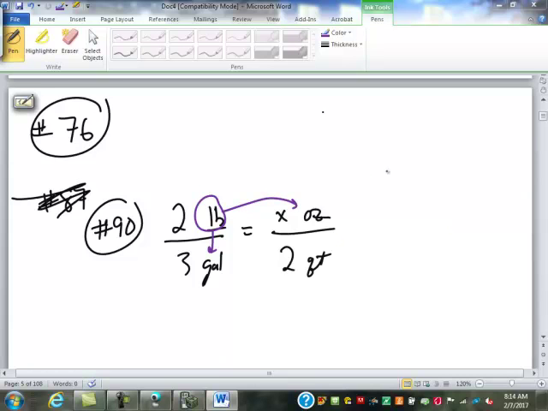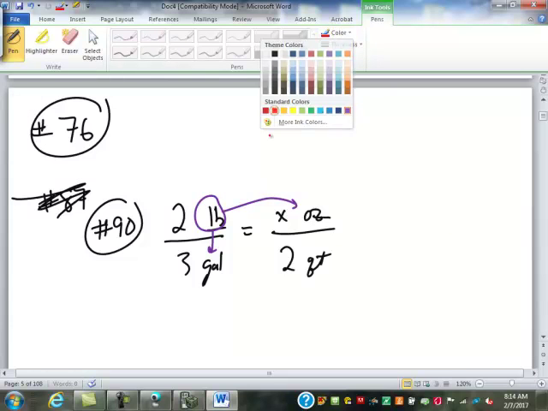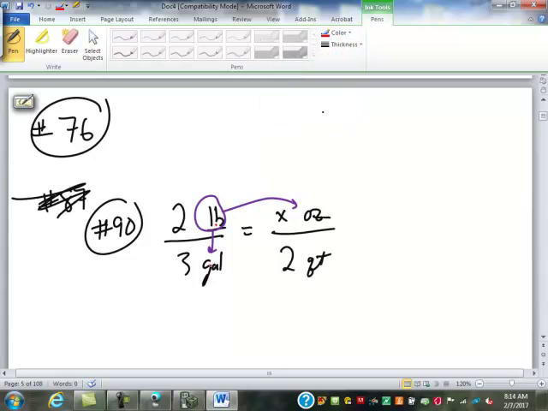Then whichever one it matches, the other 2 have to match. Well, there's no way I can turn pounds into gallons. Can I turn pounds into ounces? Yes. 2 pounds is 32 ounces. 16 ounces in a pound, so 2 times 16 is 32. So now those units are the same. That means these 2 have to be the same.